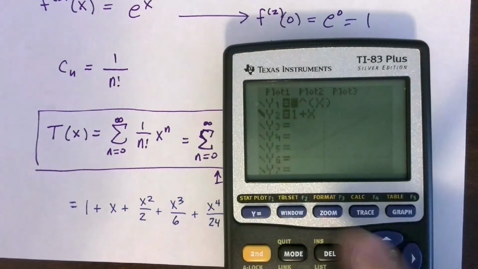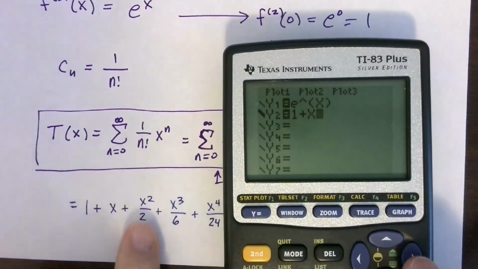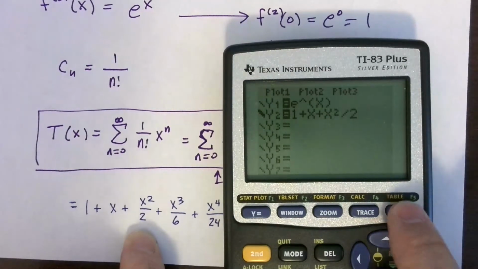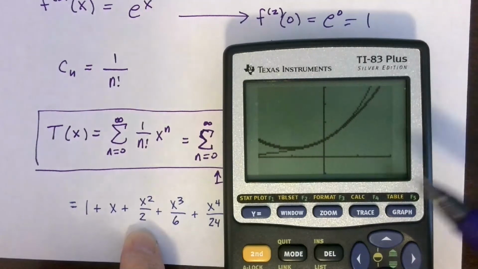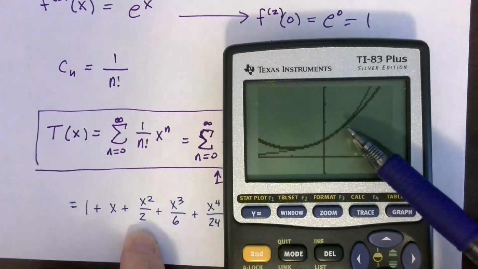Now let's go to the third term, which is x squared divided by 2 factorial. 2 factorial is 2, so I'm just going to do x squared divided by 2. And now let's see what happens. Okay, so it's a quadratic function. Now take a look at it, it kind of curves in there. So now we have what?